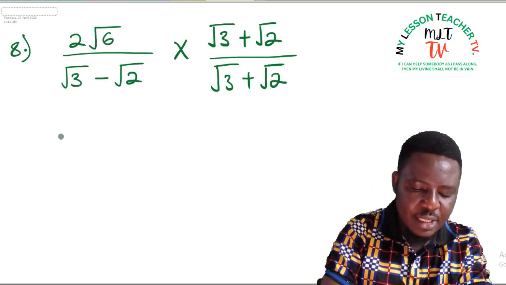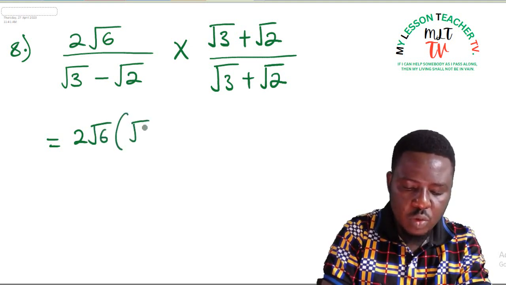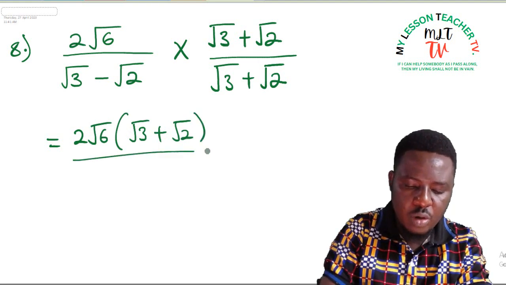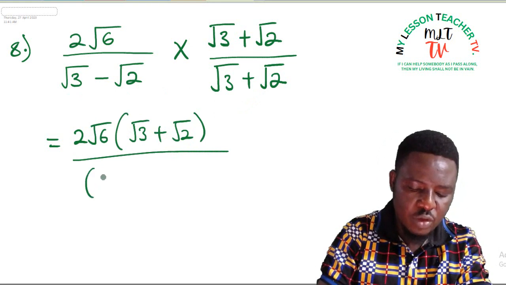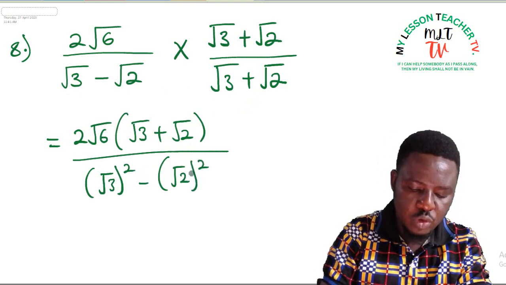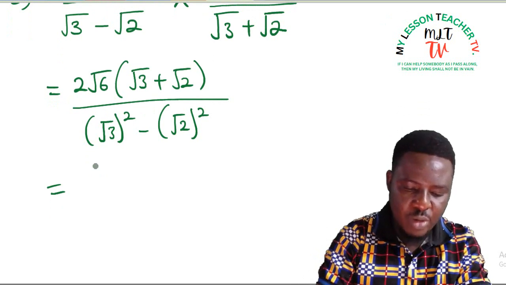So when you multiply this, this is going to be equal to 2 root 6 into brackets root 3 plus root 2 all divided by, with the knowledge of difference of 2 squares, this is going to give us root 3 squared minus root 2 squared, which is equal to, I'll now simplify the numerator.